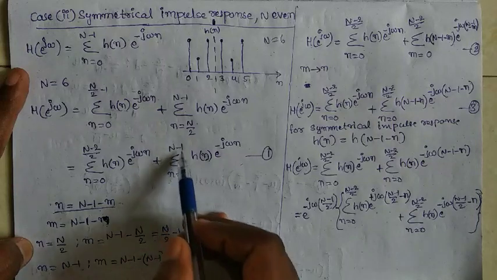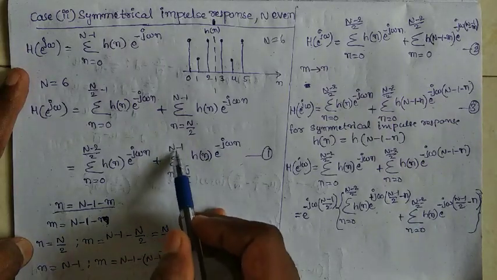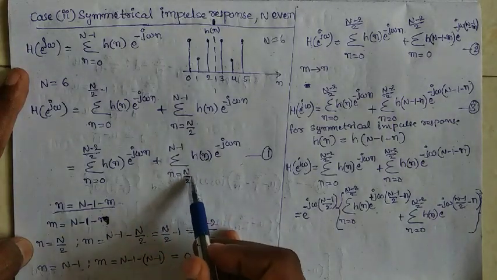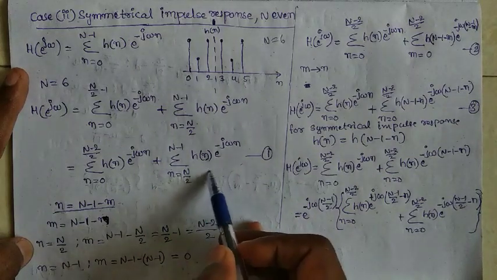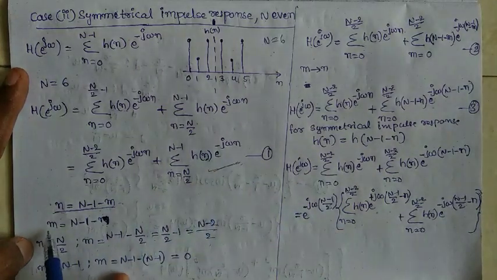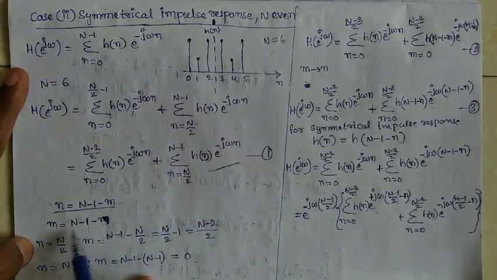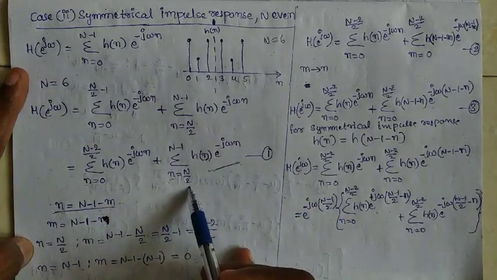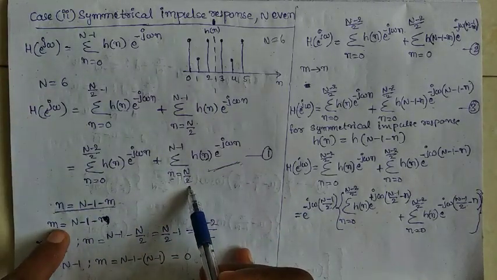Now we are determining the summation limits; we are expressing it in terms of m. For n equal to N by 2, what is m?